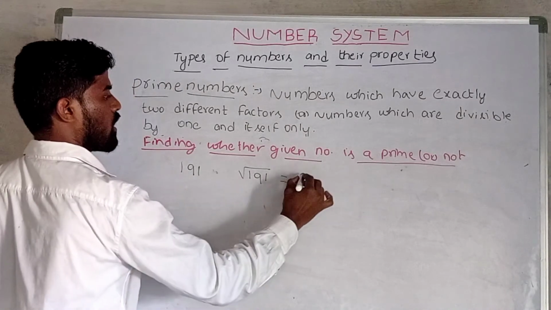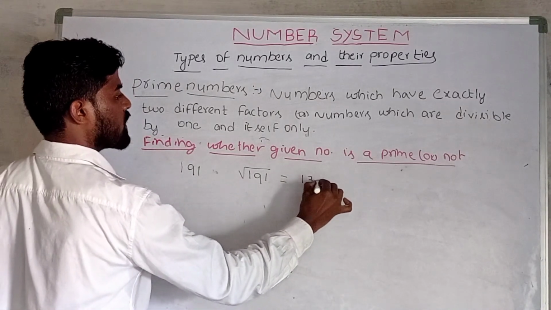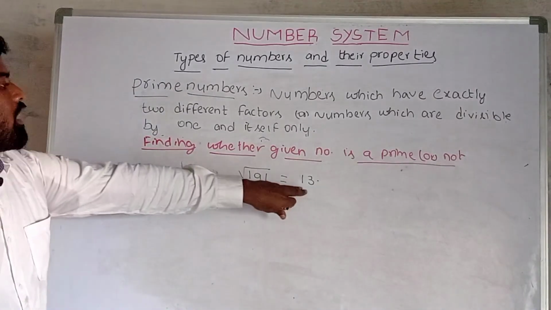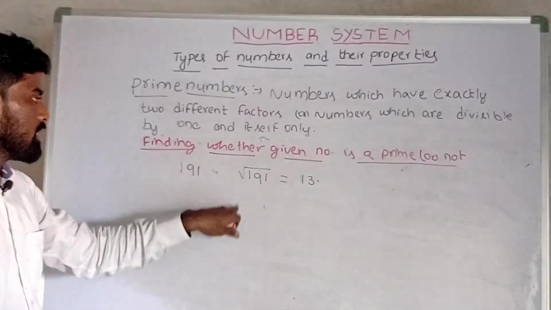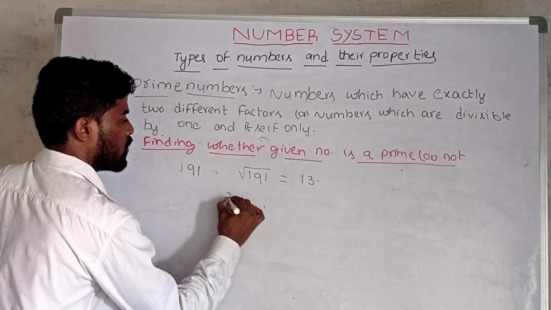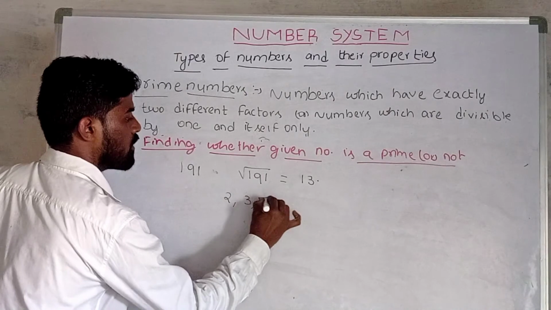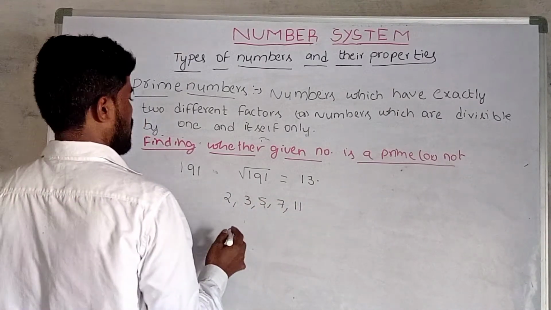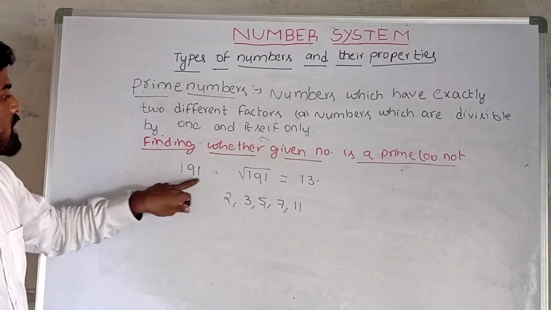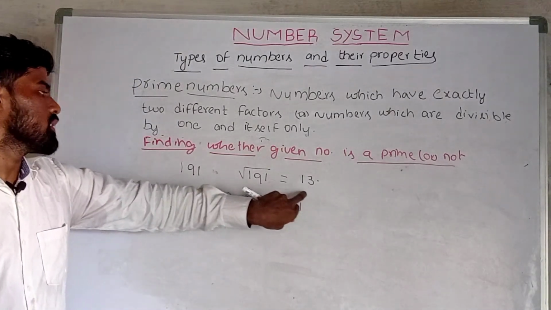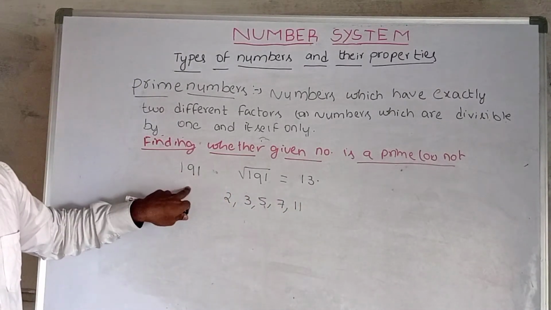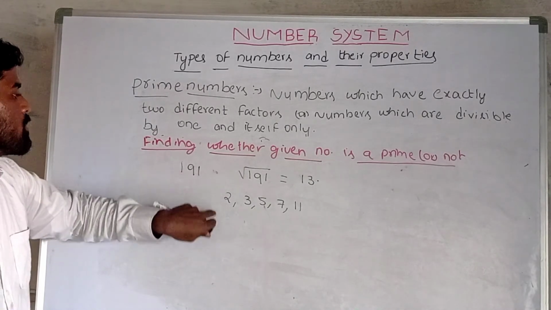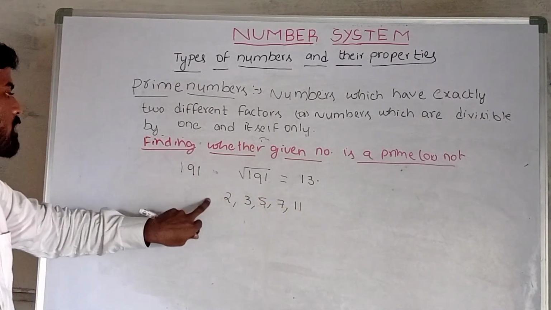It becomes 13 point something. Now take all the prime numbers less than 13: 2, 3, 5, 7, 11. If this number is divisible by any of these numbers, then it is not a prime number. If it is not divisible by any of these numbers, then it is a prime number.